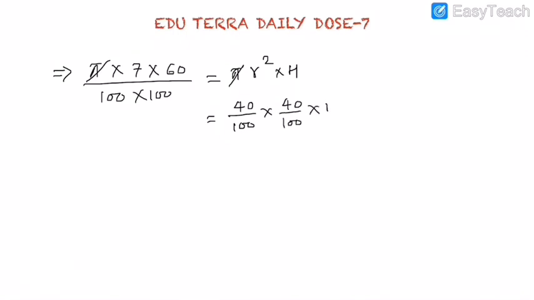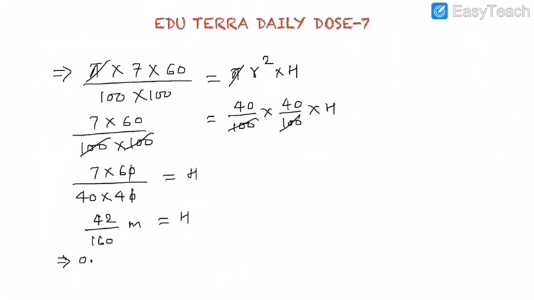Now 40 upon 100 into 40 upon 100 into H, and this side pi to pi cancelled. So 7 into 60 upon 100 into 100 equal to 40 upon 100 into 40 upon 100 into H. Just solve it and multiply by 30, you will get your answer.